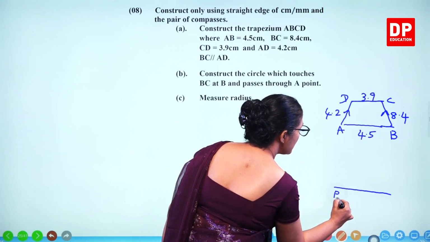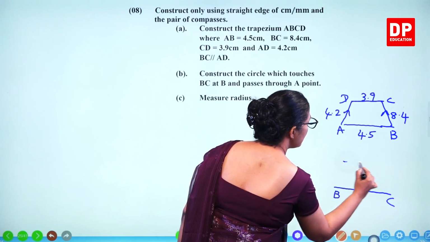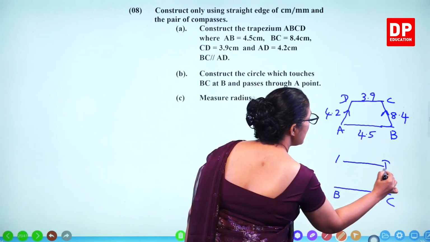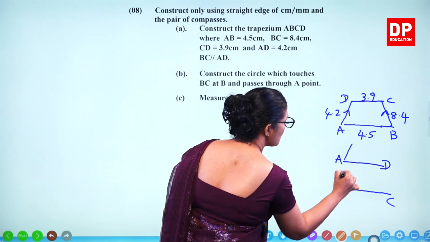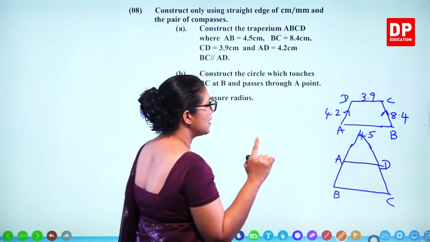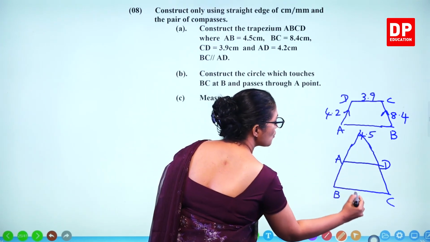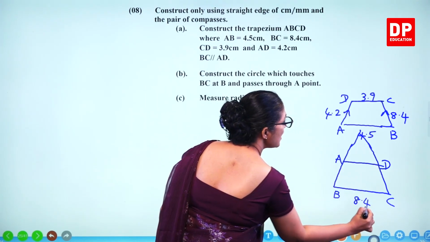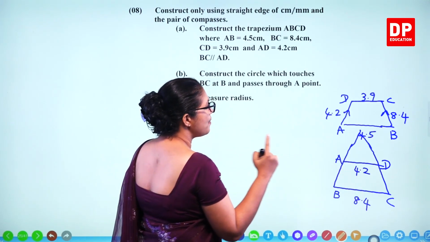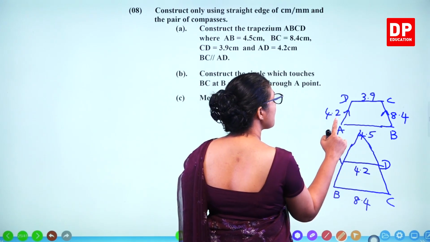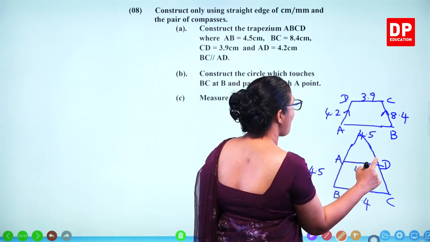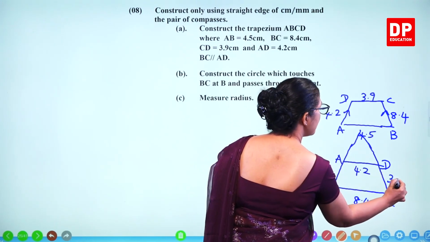When you take BC here and DA, now can you see, this is 8.4, BC 8.4, this is 4.2, half of that. And then AB is 4.5 and CD 3.9.